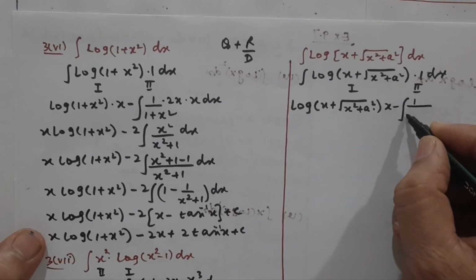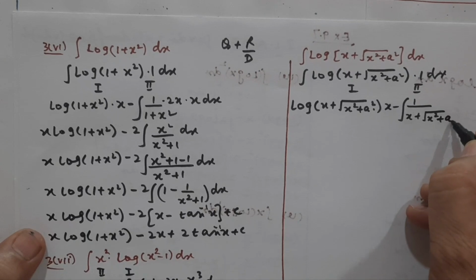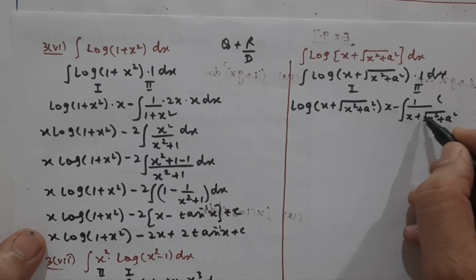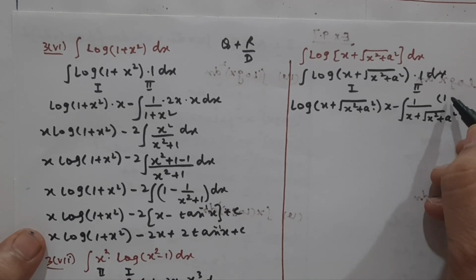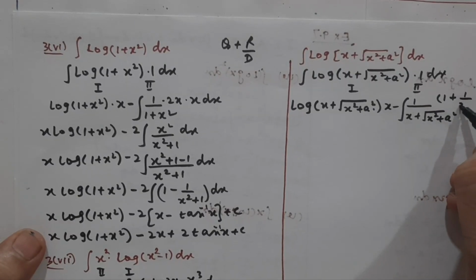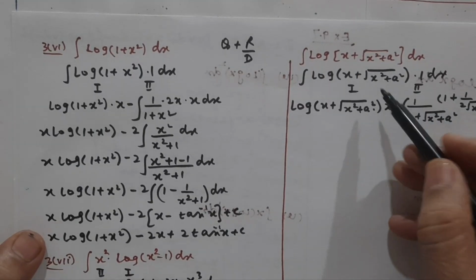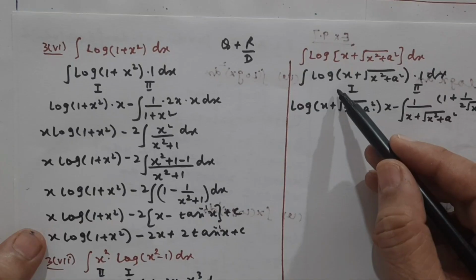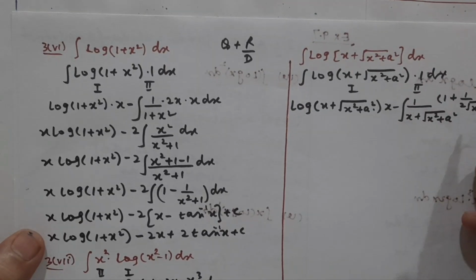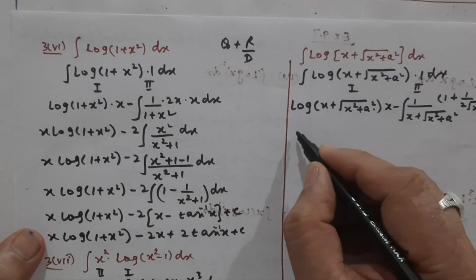Derivative of log fx is 1 upon fx. We know the formula, 1 upon fx into derivative of fx. Derivative of x is 1, derivative of under root is 1 upon 2 under root x square plus a square into 2x, into integral of second, that is x dx.